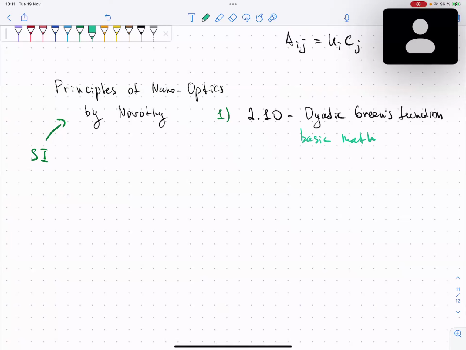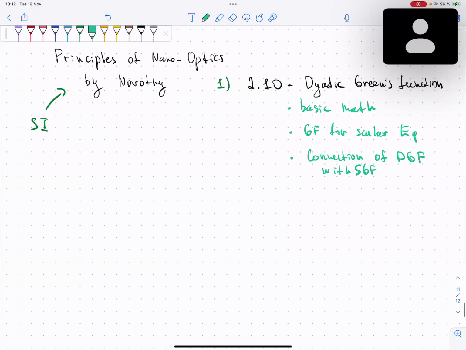You can also find the Green function for the scalar equation, and the connection of the dyadic Green function with the scalar Green function, because you can express one from the other.